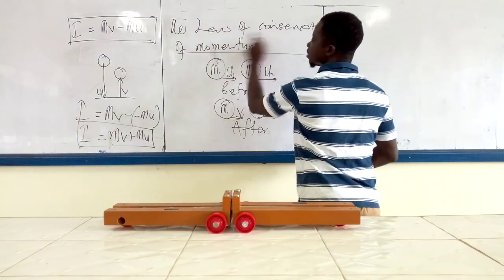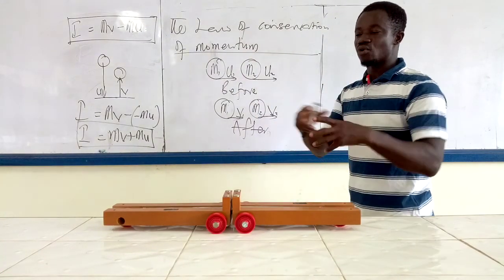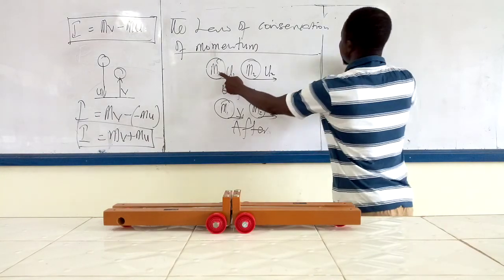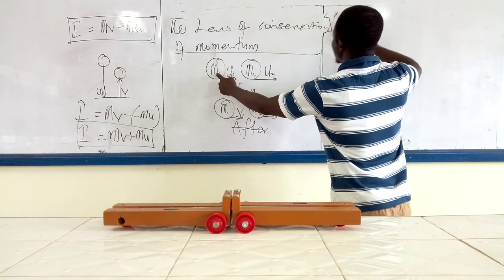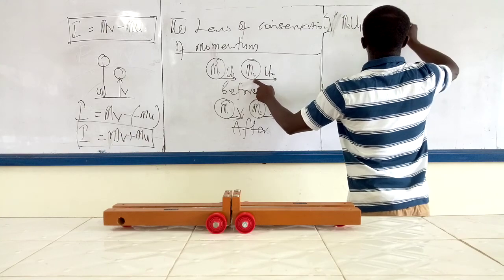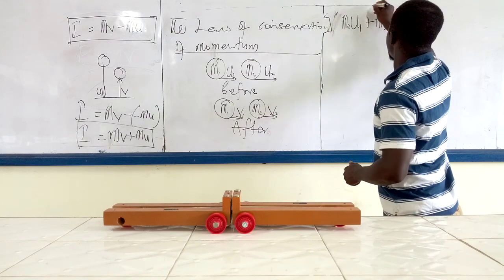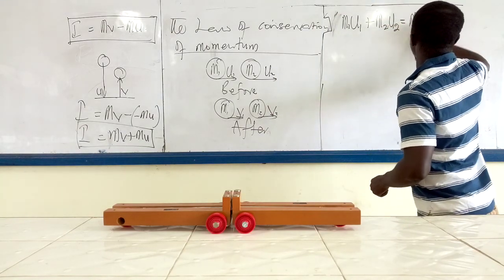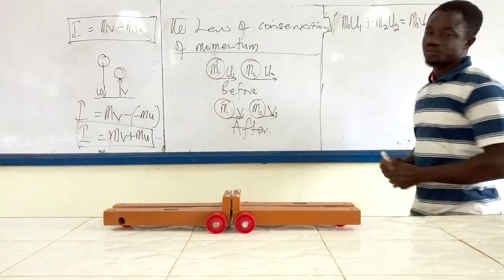According to the law of conservation of momentum, the algebraic sum of the momentum before collision, which is m1 u1 plus m2 u2, is equal to m1 v1 plus m2 v2.